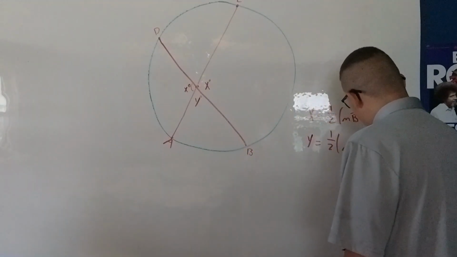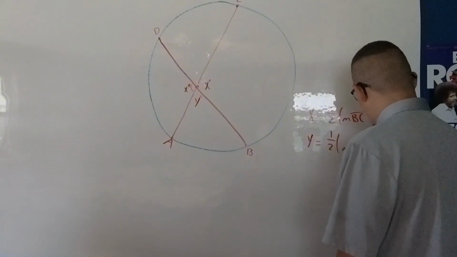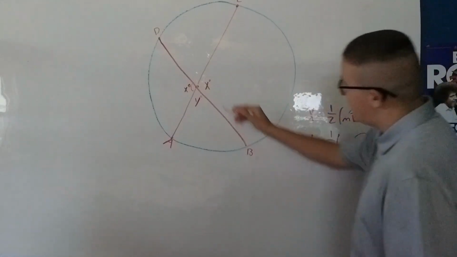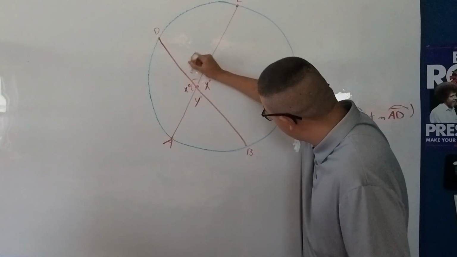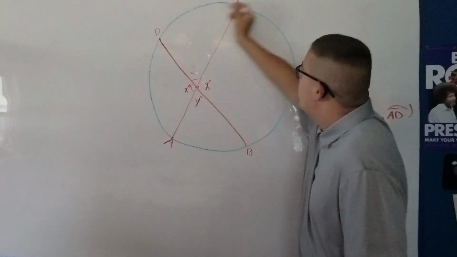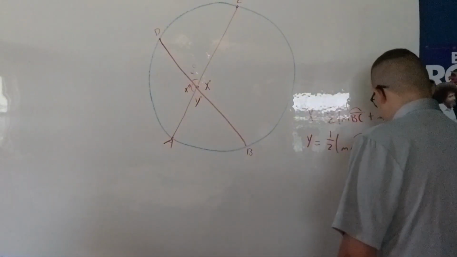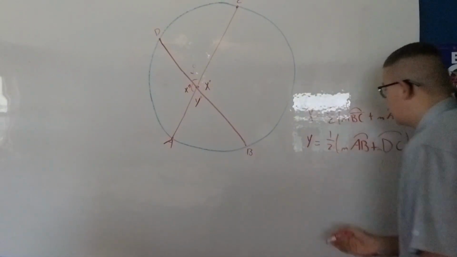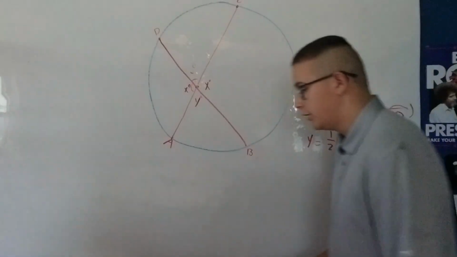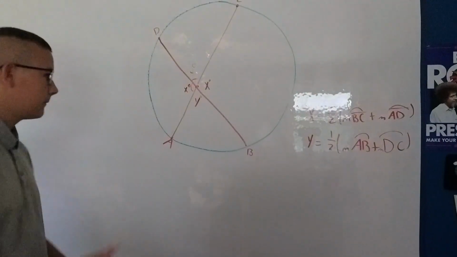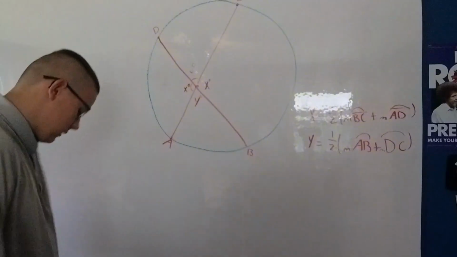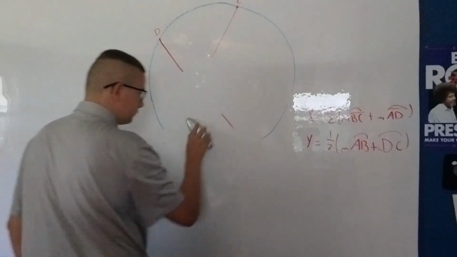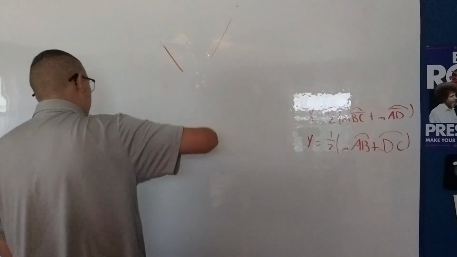Sorry, these up here should be arcs, not lines, plus the vertical angle, which is also y, and that is the measure of DC. So that's how you would determine these angles here. So let me give you a couple examples of this.